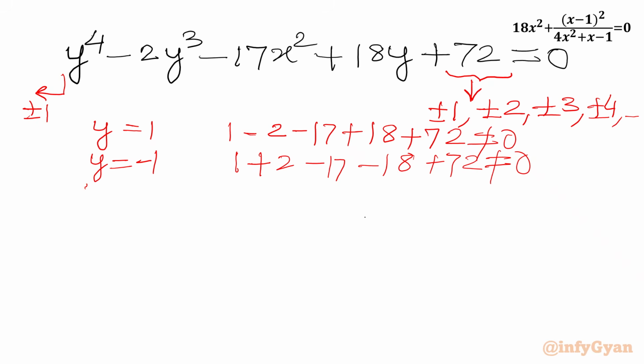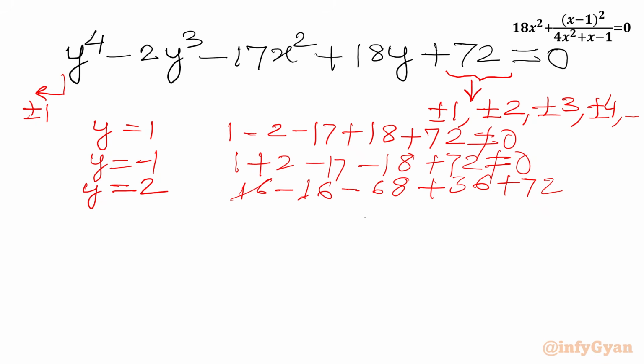Now we can check y equal to 2. 2⁴ is 16, minus 2 times 2³, 16, minus 17 times 2², 68, plus 18 times 2, 36, plus 72. It is not satisfying because +16 and −16 will cancel.